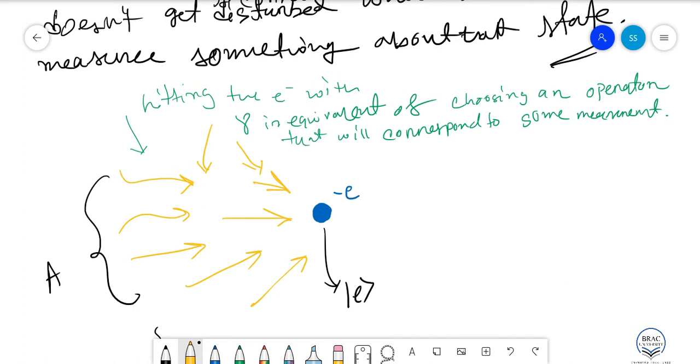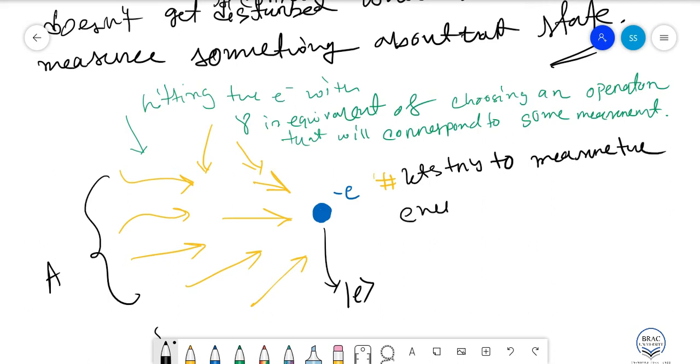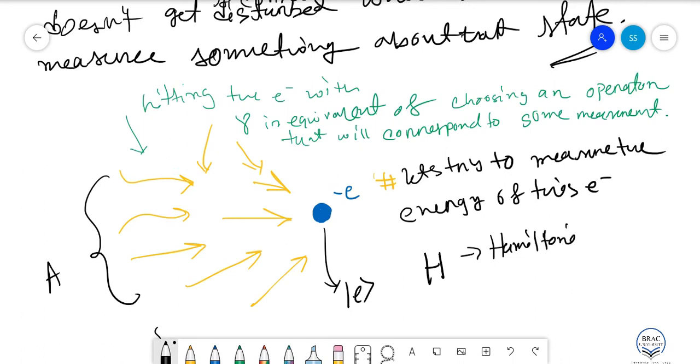So let's say instead of measuring the position, I want to measure the energy now. Let's try to measure the energy of this electron. This Hamiltonian operator will give you the energy eigenstates. The Hamiltonian is analogous to the total energy in classical physics, and here as well.